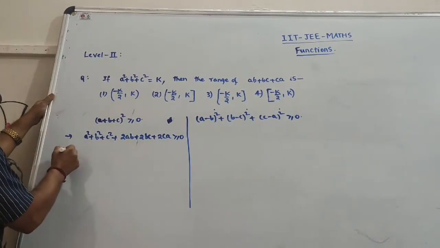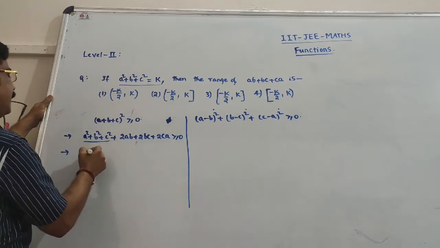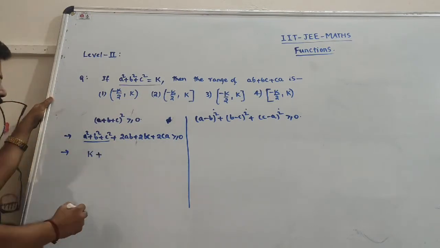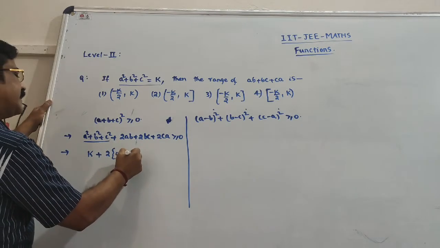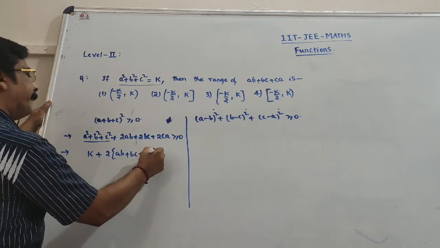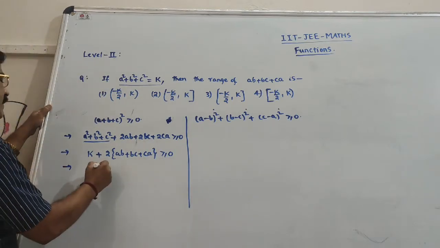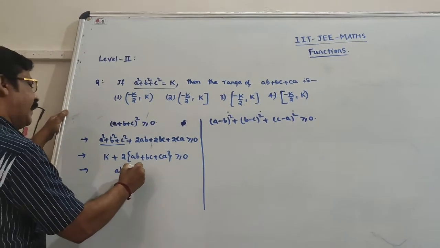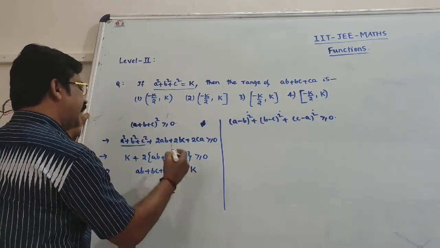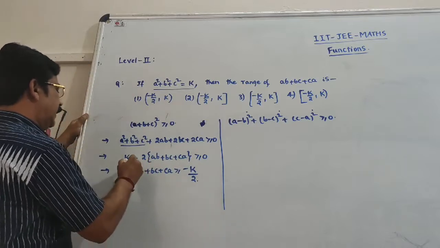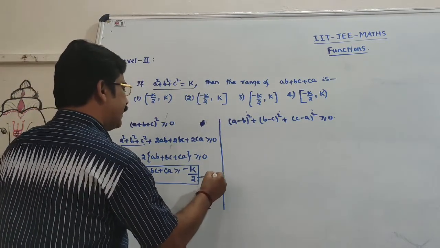So that implies, a square plus b square plus c square equals k, so instead of that we shall write k plus 2 into ab plus bc plus ca is greater than or equal to 0. So from this inequation, ab plus bc plus ca is greater than or equal to minus k by 2. Let it be statement number 1.